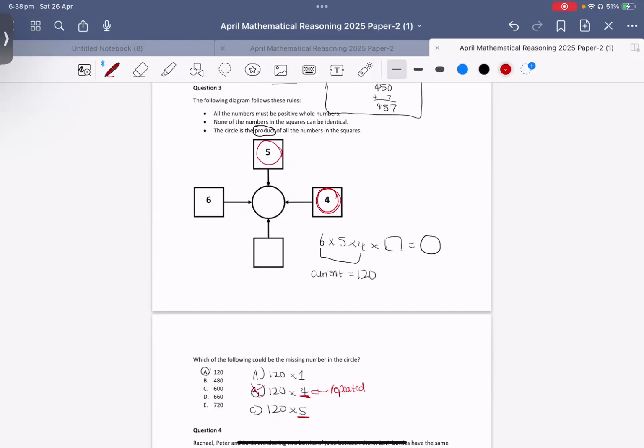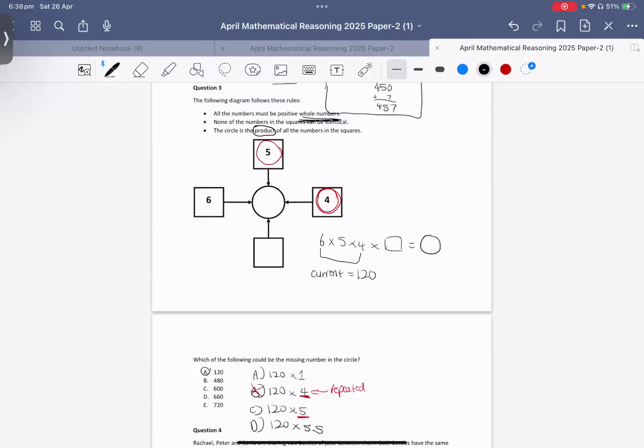D is a little bit different because we know that 120 is not a factor of 660. We actually need to multiply it by 5.5 to get there, and it doesn't satisfy our condition that it needs to be a positive whole number.